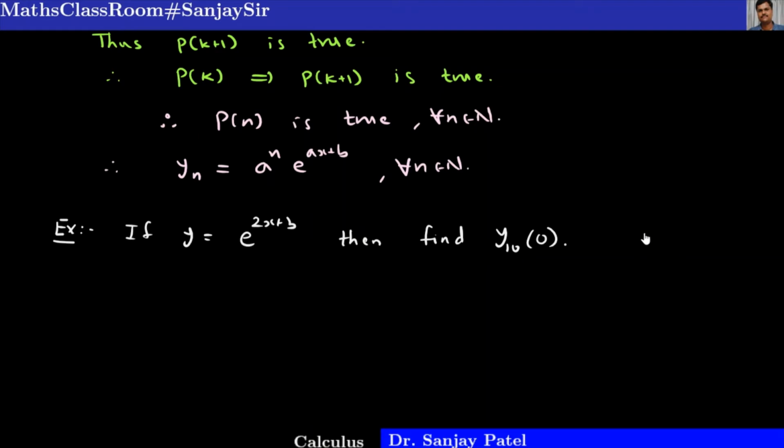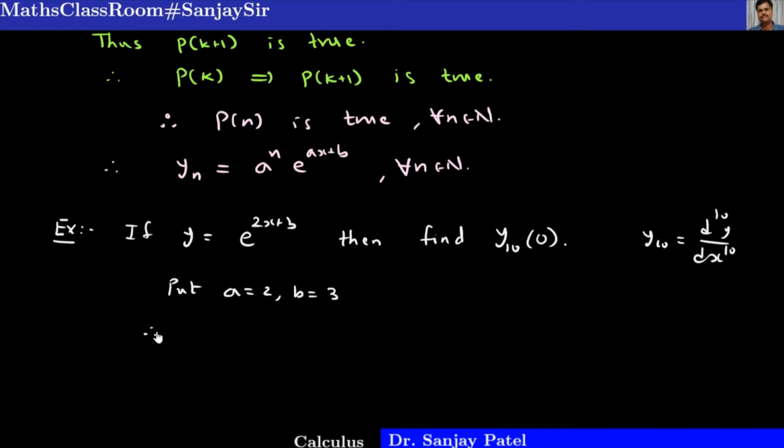You know what is the meaning of y10? y10 means d^10 y by dx^10, the 10th derivative of the function y with respect to x. So for this we use this formula. As in the above formula, just we put a equal to 2 and b equal to 3.